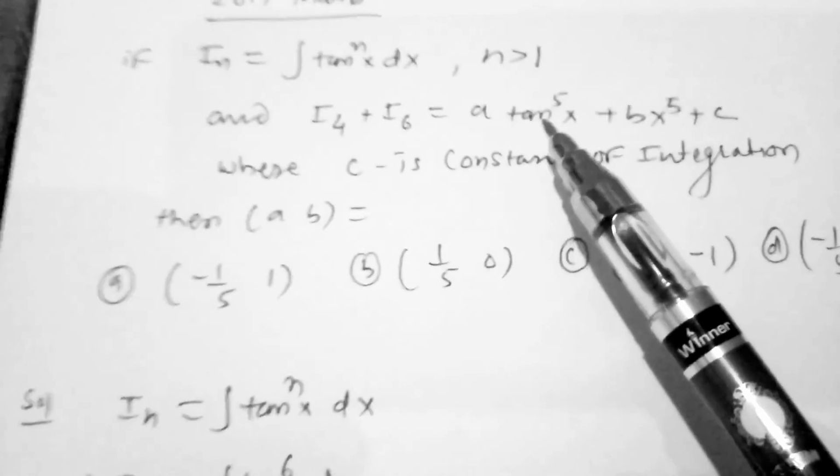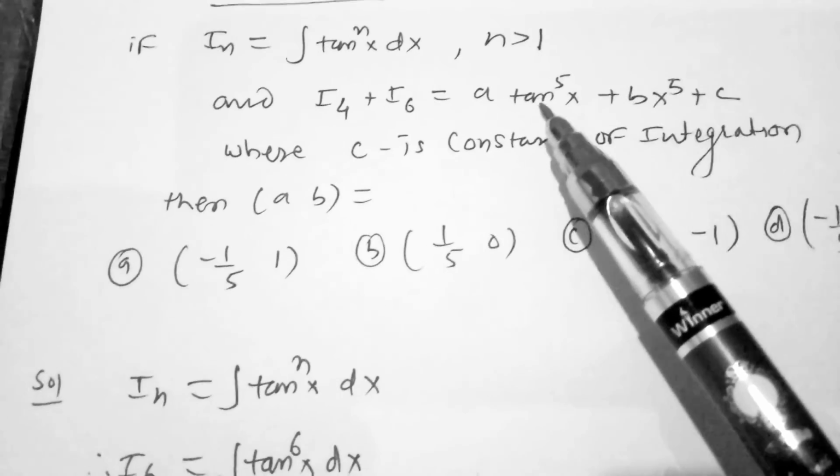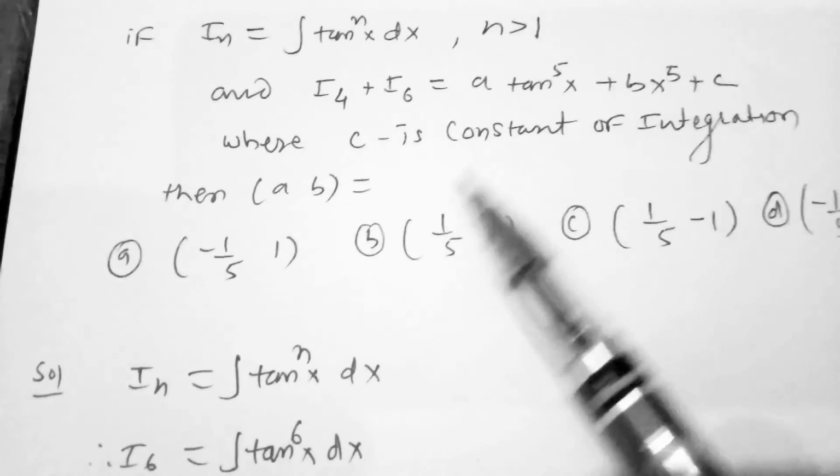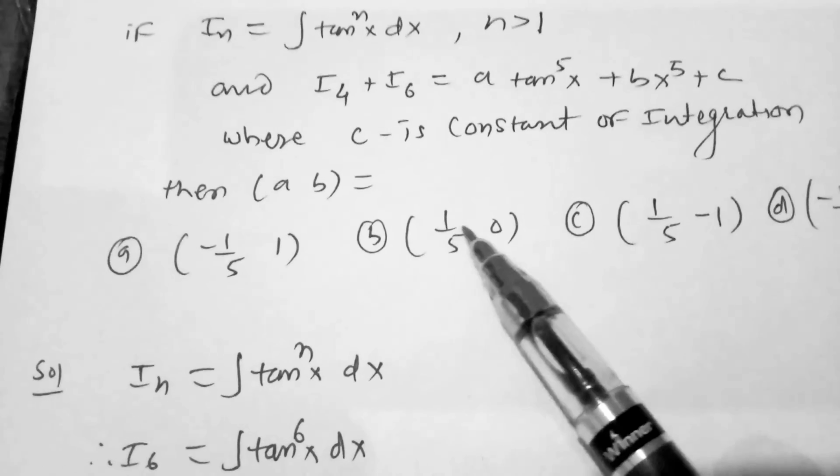Now you can compare this with the given expression. So a must be 1 upon 5. There is no x to the power 5 term, therefore b must be 0. So 1 upon 5 comma 0 will be our answer, correct?